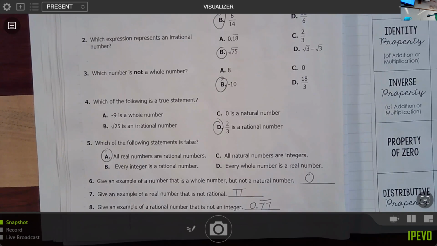But it's under a square root. So the only reason this is a whole number is because it's the square root of 49. If the square root equals a whole number, then it can be written as a fraction. If the square root can't be written as a whole number, it's not. That's because the square root of 36.